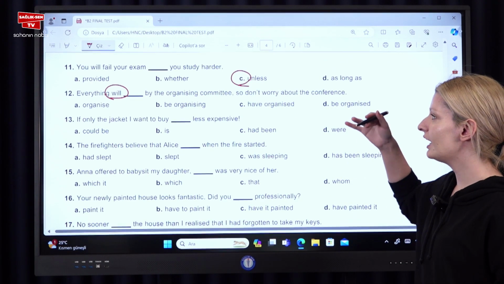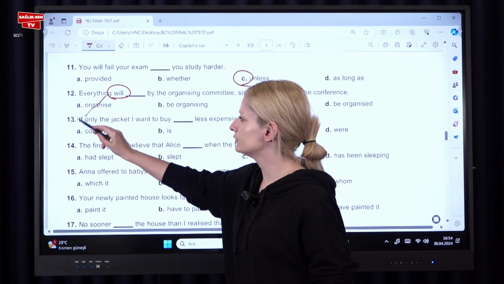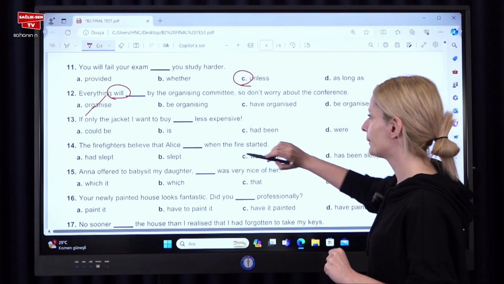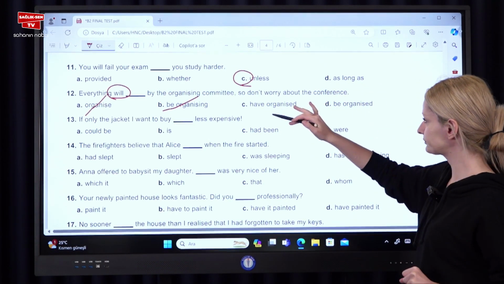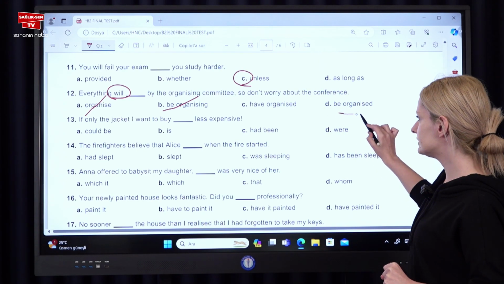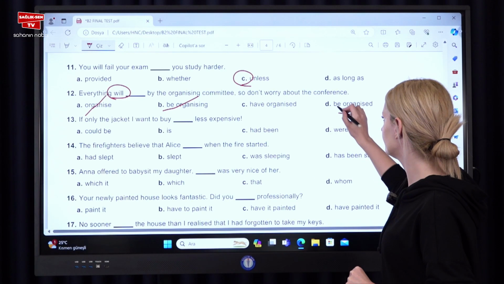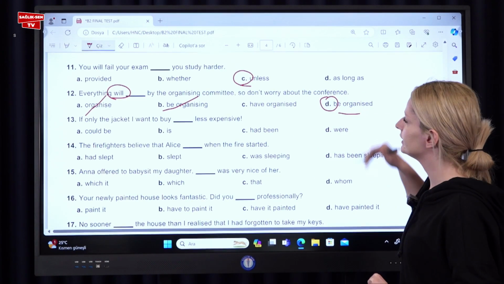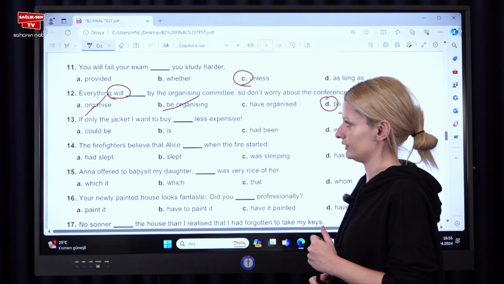We have a passive voice sentence here, so I can't use A. B is also not correct. It can be this one. This would be also incorrect, so everything will be organized. This is the correct use of passive voice.